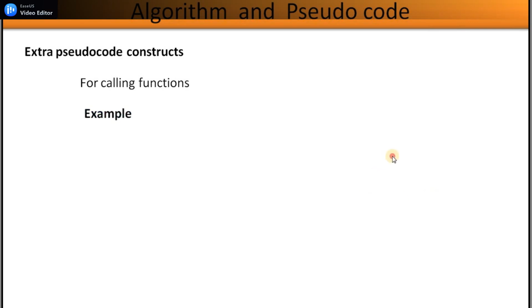Now, there are extra pseudocode constructs. That is, for calling functions, the call keyword is used. For example, call average sales with area sales. Here, average sales is the name of the function.